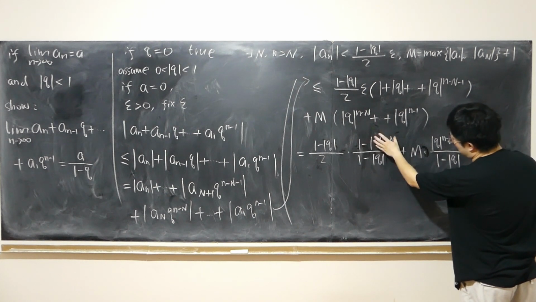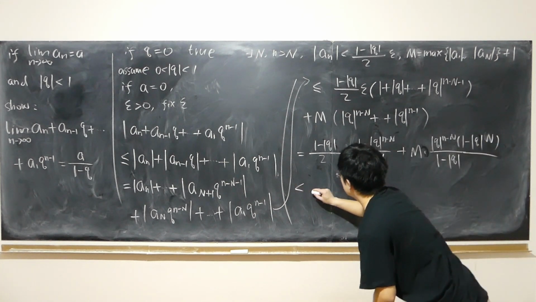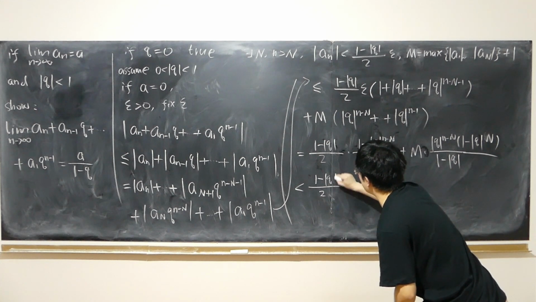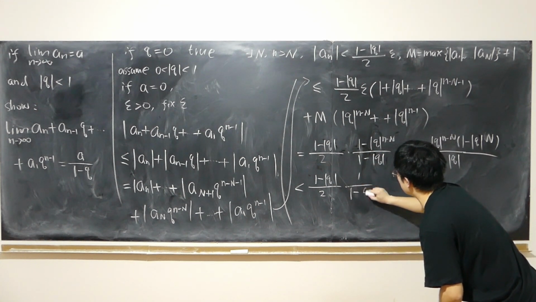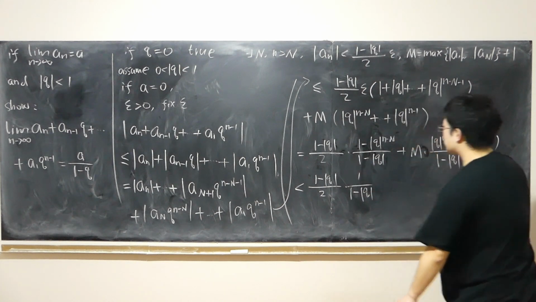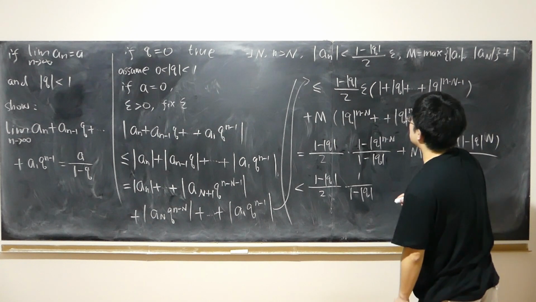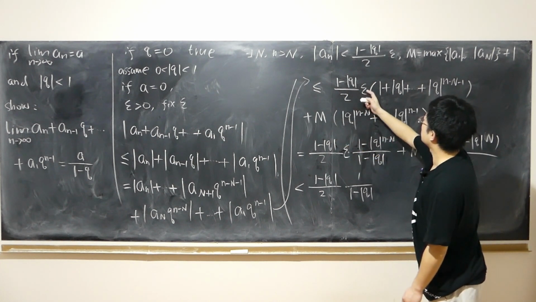So if I don't subtract it, it can be loosened. Half of 1 minus the absolute value of q times just 1 over 1 minus the absolute value of q. I think I forgot an epsilon somewhere here, because times epsilon.